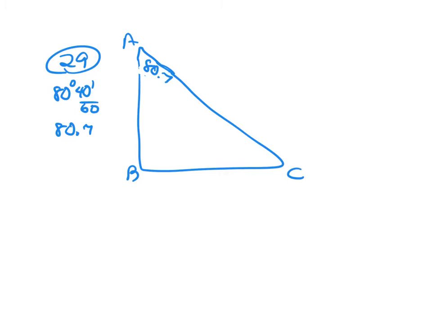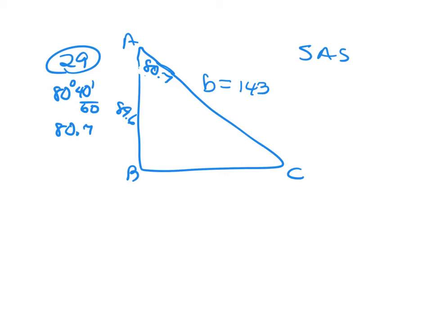The other pieces given were little b, which is 143, and little c, which is 89.6. Notice this is the side-angle-side scenario.